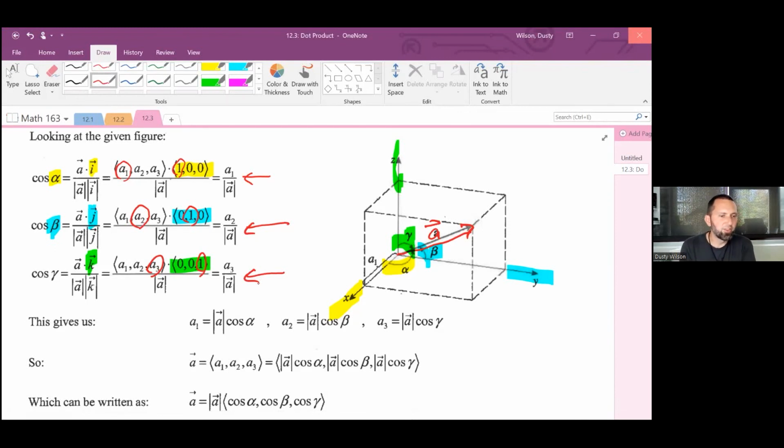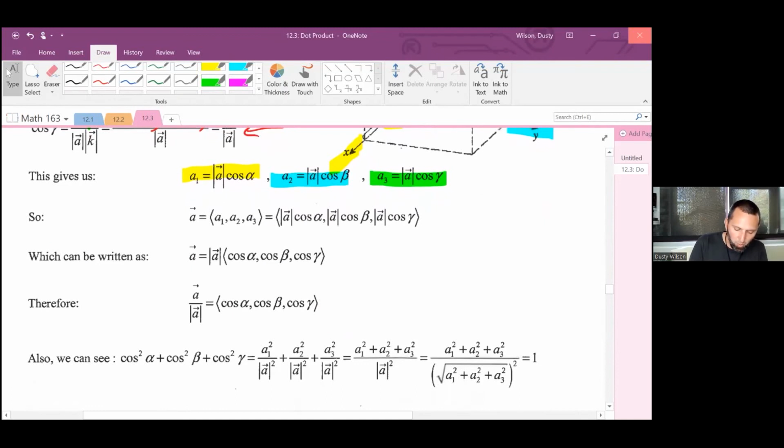So this gives us the following formulas for A1, A2, and A3. A1 is going to be the magnitude of A times the cosine of the angle in the x direction. Then A2 is going to be equal to the magnitude of A times the cosine of the angle in the y direction. And A3 is going to be the magnitude of A times the cosine of the angle in the z direction.